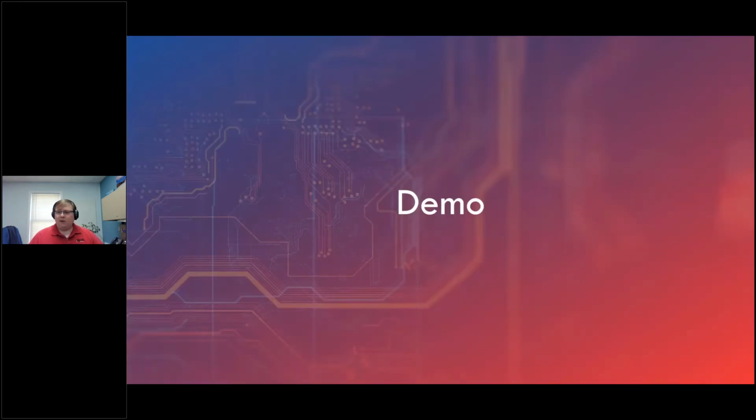So let's take a quick look at a live system, or well, semi-live, and see how things work with and without routes enabled. I'm going to switch my screen to what I actually want to share here. All right.